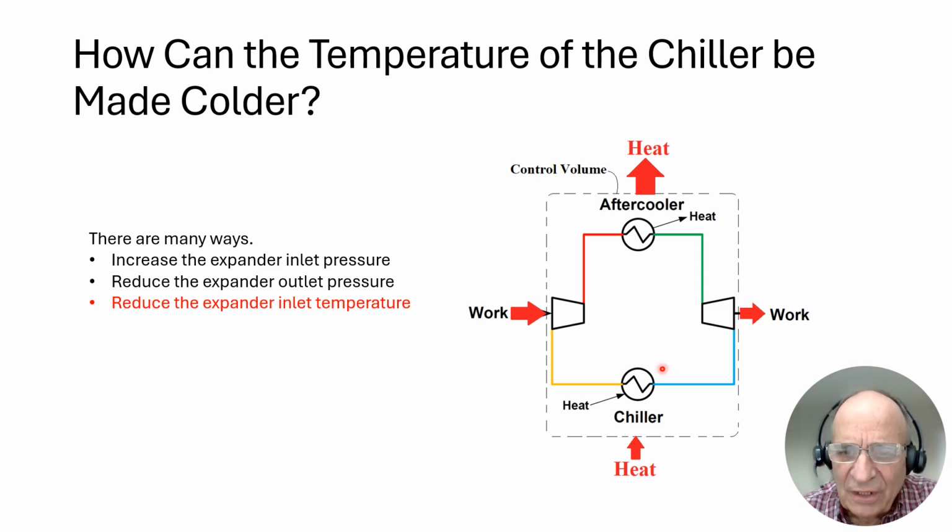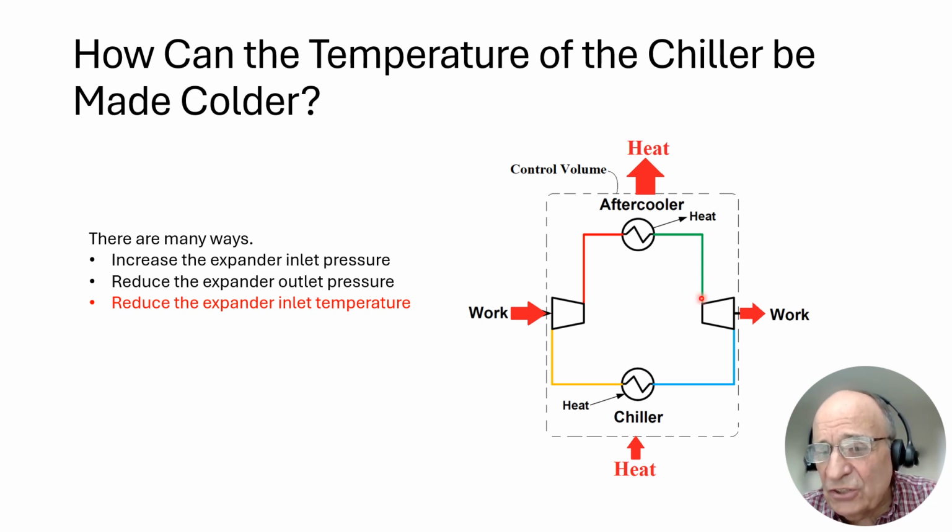So how can we drive this chiller temperature down colder? Well, one way we can do that is increase the inlet pressure, but that's not very effective because the temperature difference across this expander is a function more of the compression ratio than of the inlet pressure.